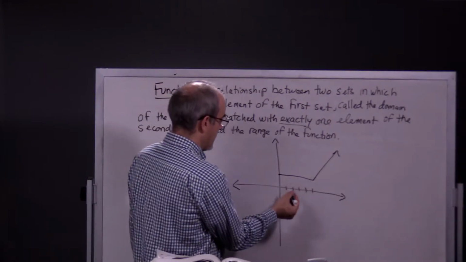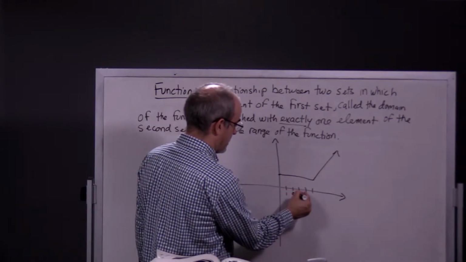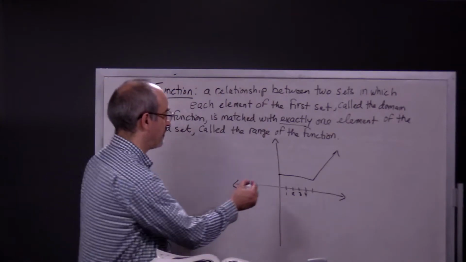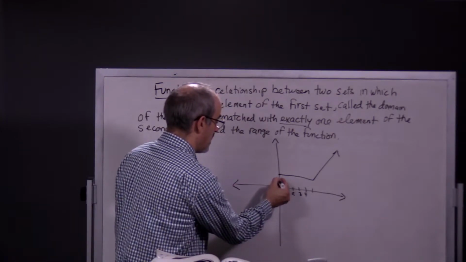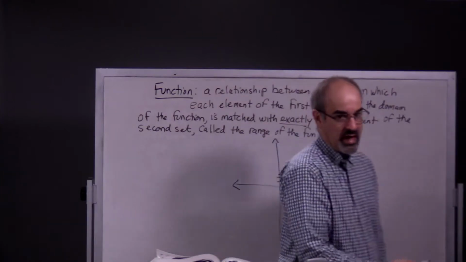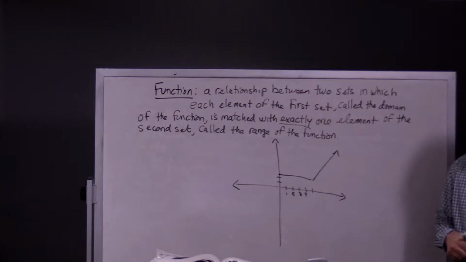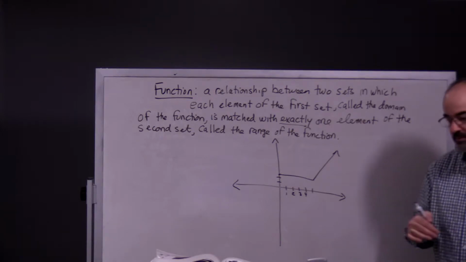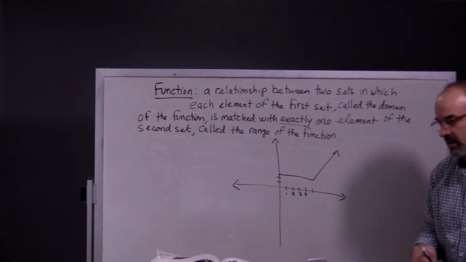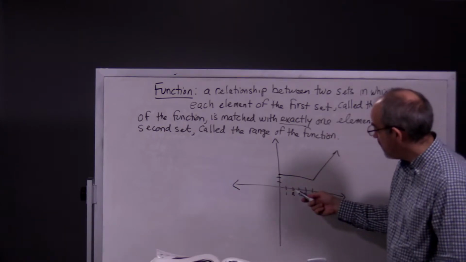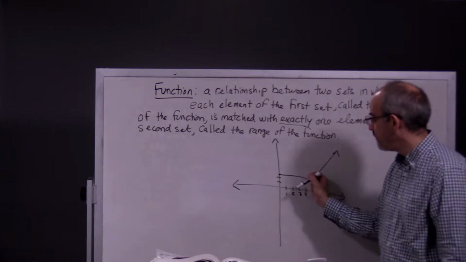In other words, anytime, so let's actually give these numbers. You should be able to tell me, if I give you an x value, you should be able to tell me what the y value is. Exactly what it is. Not what it could be, but exactly what it is. Can you do that here? Yes, you can. If I say when x is 2, what is y?